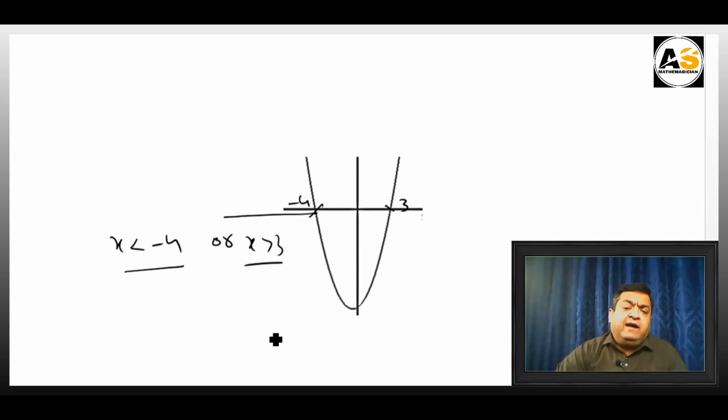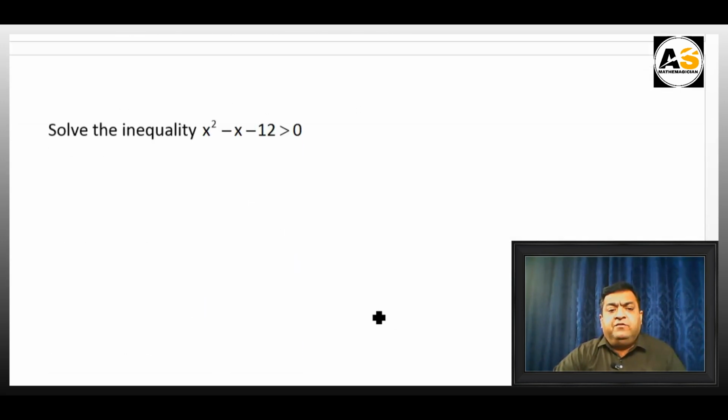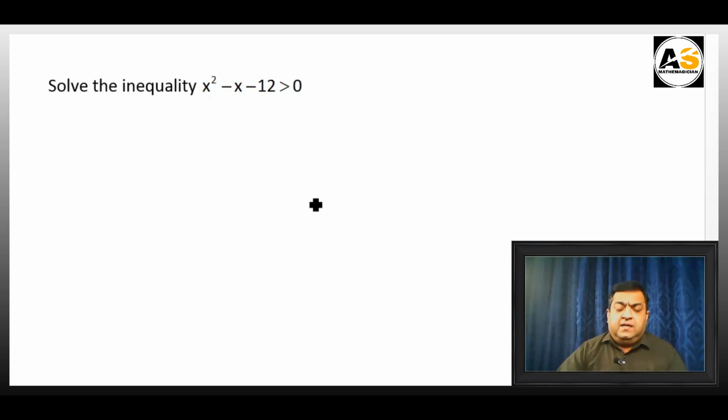We not only have to solve direct questions of inequalities, but sometimes we will have to use this concept as a part of a question, or in order to solve another lengthy question, we will have to solve this type of inequalities. So I will further give you a few examples.